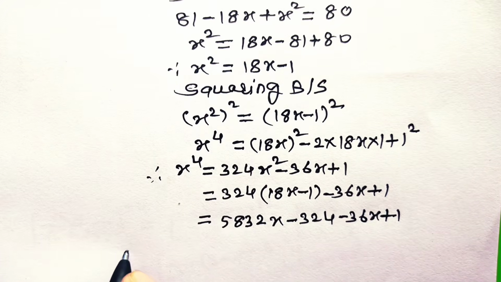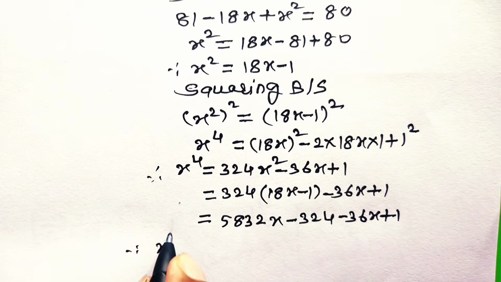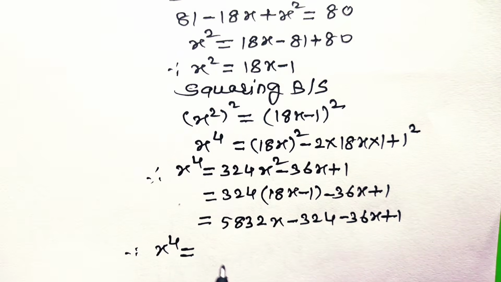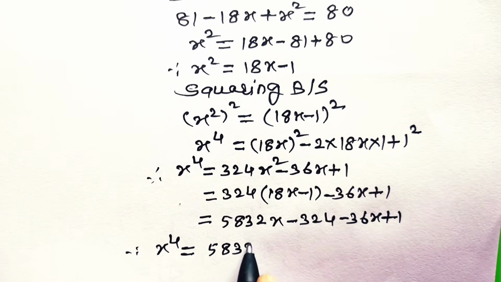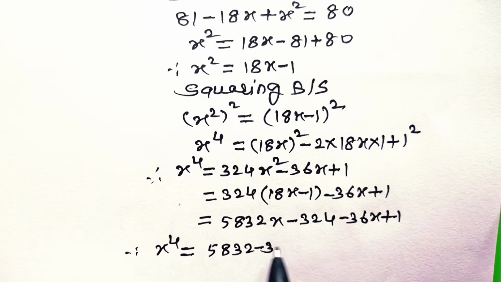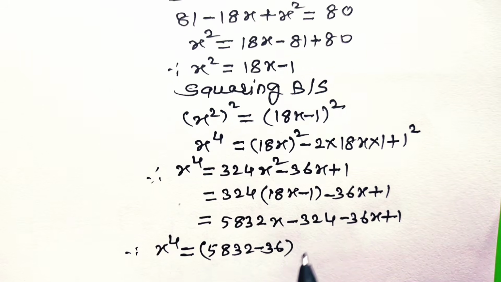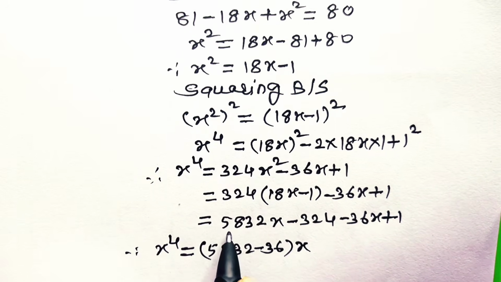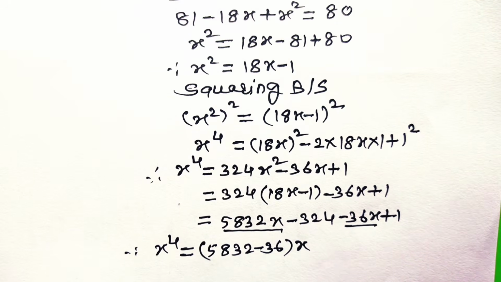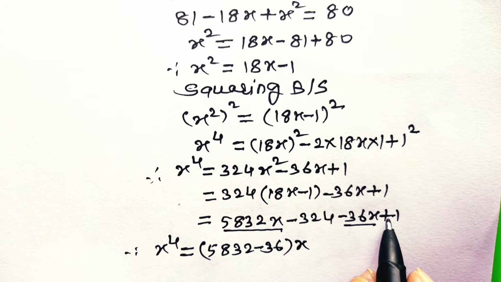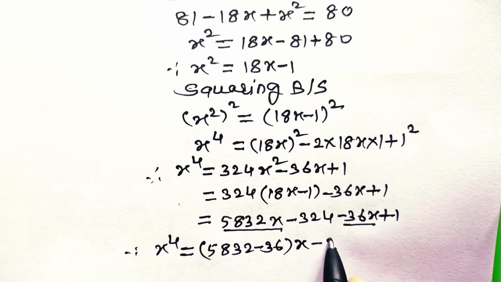So x to the power 4, this is equal to, we can write 5832 minus 36x, taking x common from this term and x common from this term, and collect these two terms. Minus 324 plus 1, that is minus 323.